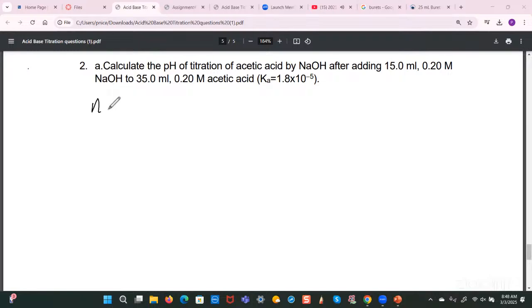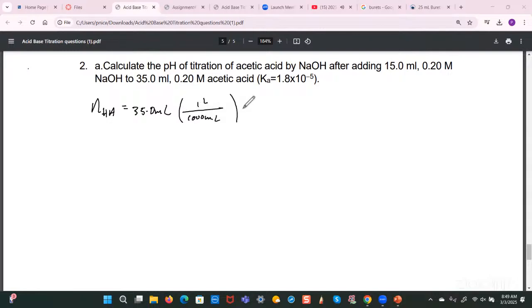Okay, number of moles of, I'm going to use HA to represent acetic acid because I'm lazy, all right? So the number of moles of the acetic acid would be 35.0 mL, which we have to convert to liters, 1 liter over 1,000 mL.